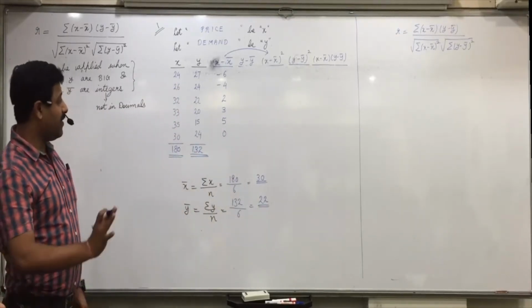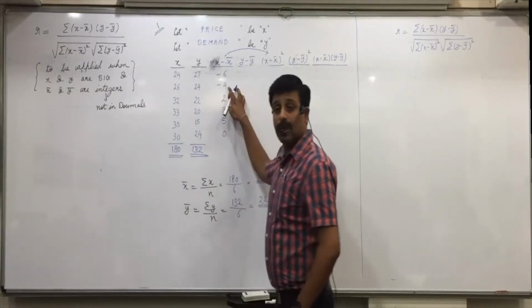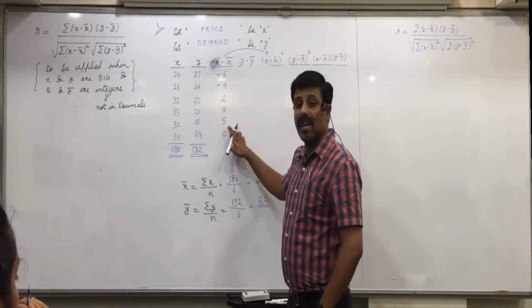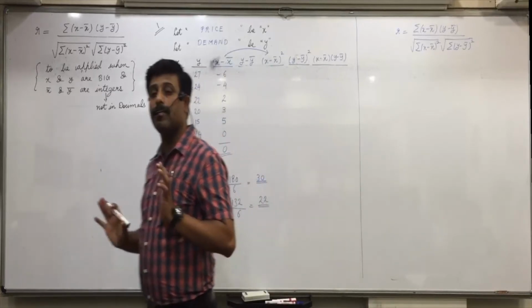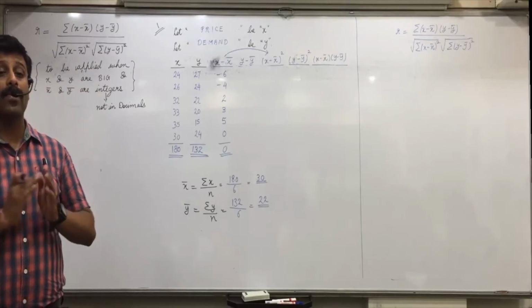Okay? Anyone having any doubt in it? Now see the total. Minus 6 minus 4, minus 10. 2 plus 3, 5 plus 5, 10. Minus 10 plus 10 is 0. It means it is correct. Got it, everyone? Any confusion so far?